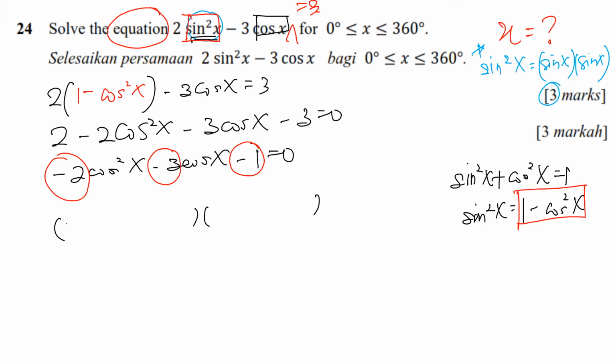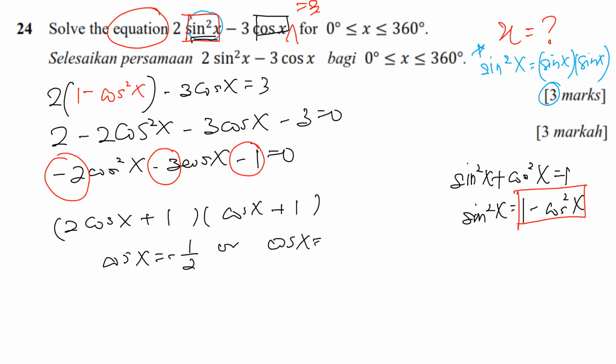You will get 2 cos x plus 1, and cos x plus 1. Why? Because your calculator gives you the value of x, the subject cos x equals to negative 1 over 2, and cos x equals to -1.